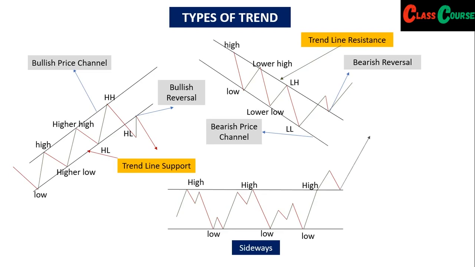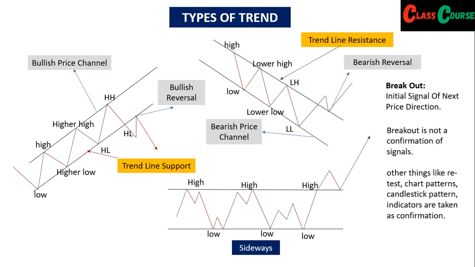And speaking about what a breakout is, breakout means the initial signal of the next price direction. Breakout is not a confirmation of the signal. There are many other things you can take as confirmation. It might be a retest, a chart pattern, a candlestick pattern, or indicators. Many things are there in the confirmation part, but it depends on what you are looking for in confirmation.